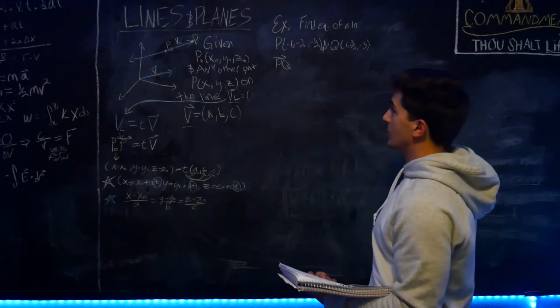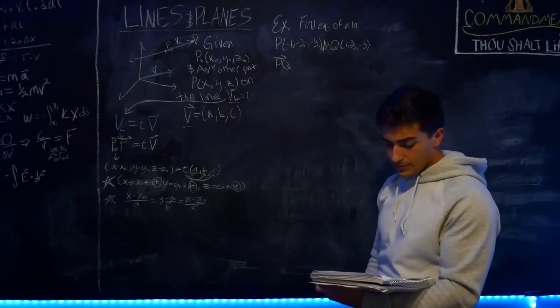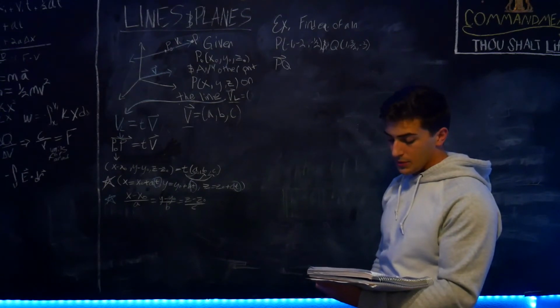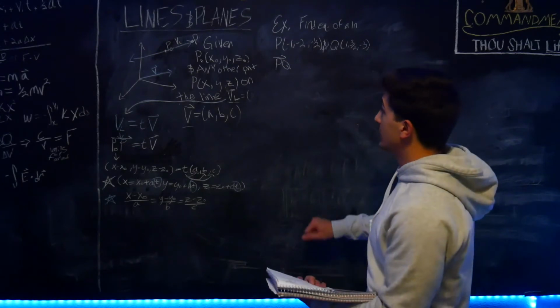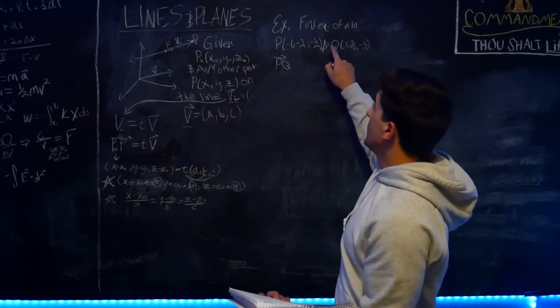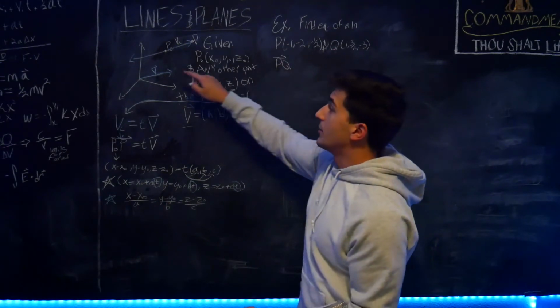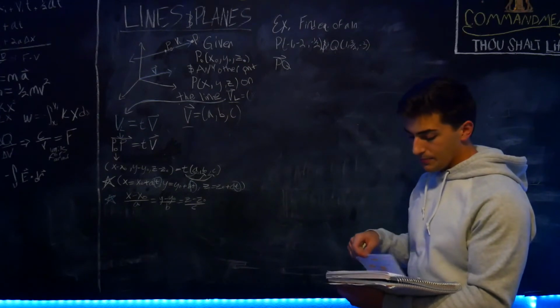That's our direction vector, okay? And we can use either one of those points. That's what we use to solve it, right? PQ, okay? And any one of these points, that one or that one, can be that point right there.